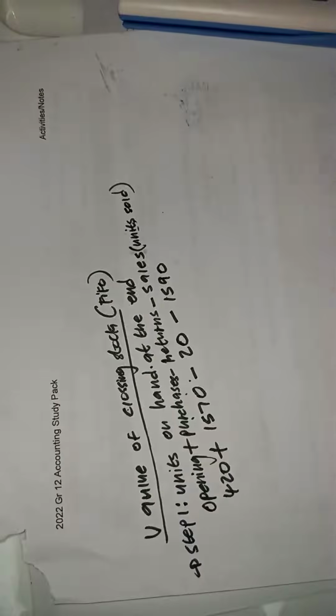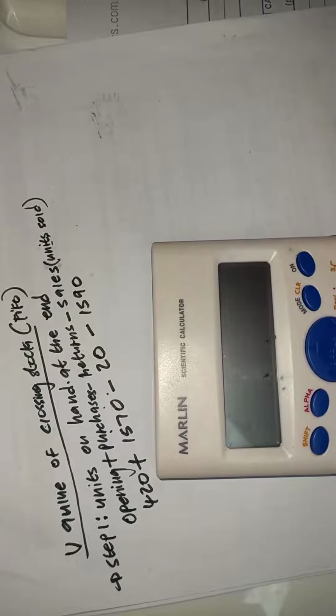So now let's calculate to get step number 1, which is calculate the units on hand. So let's go. Here's my calculator. We're having opening 420 units plus purchases 1570 minus returns 20 minus sales 1590.